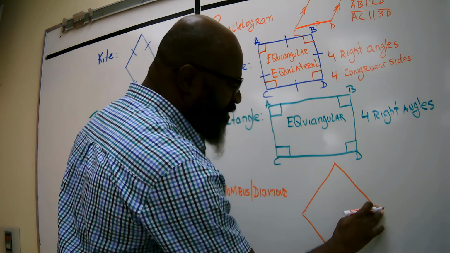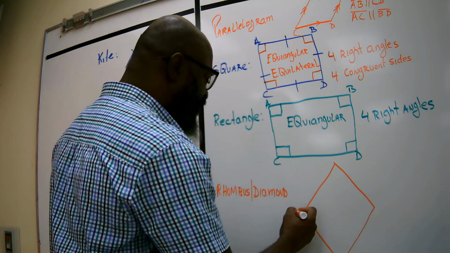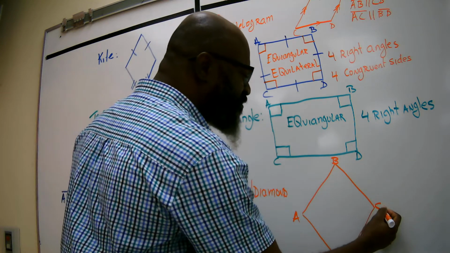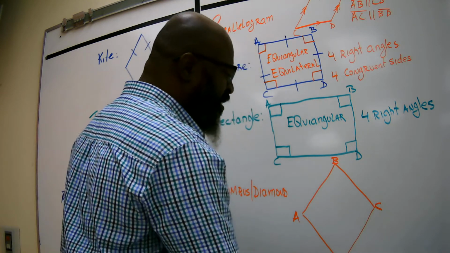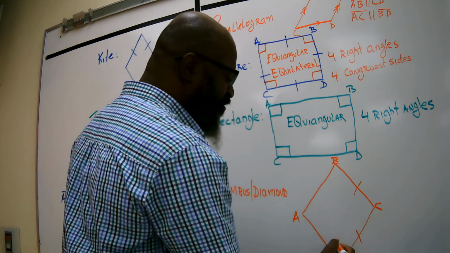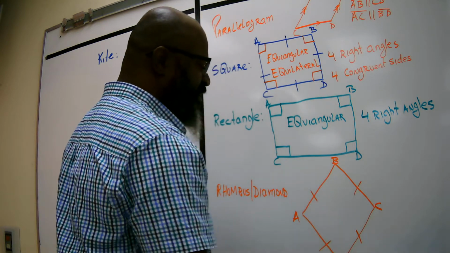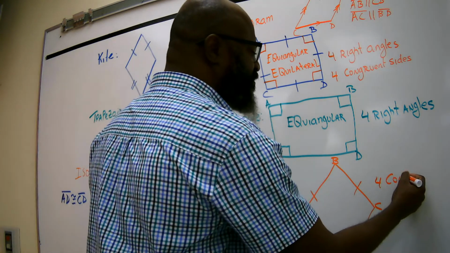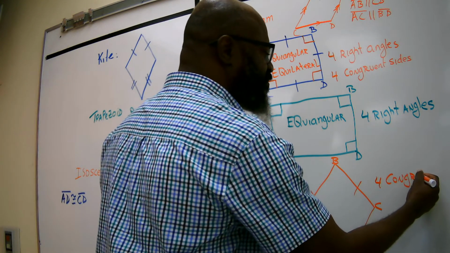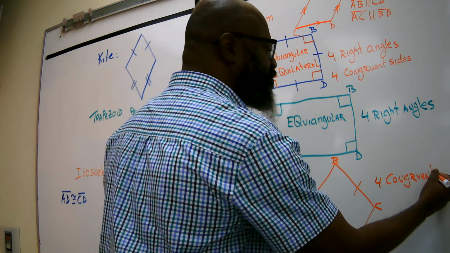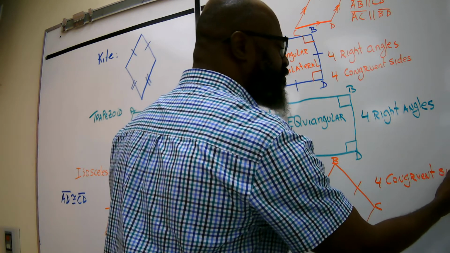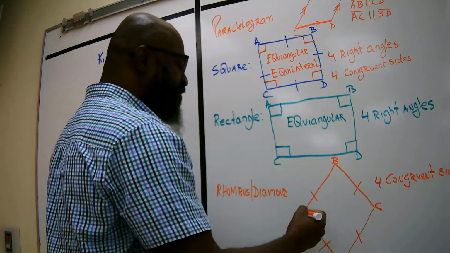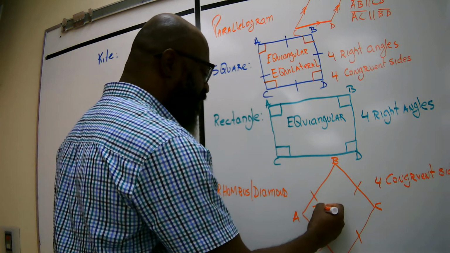A rhombus, a diamond, is considered like a baseball field. It has 4 congruent sides. In this case, it is equilateral.